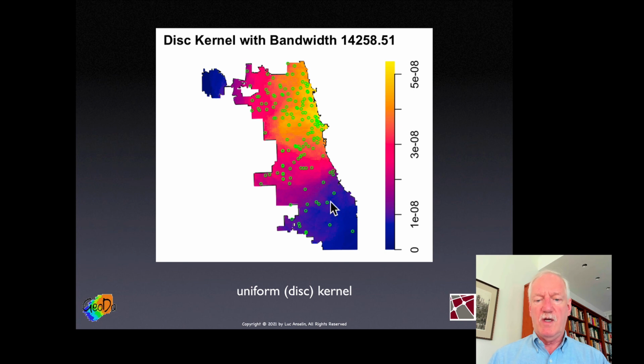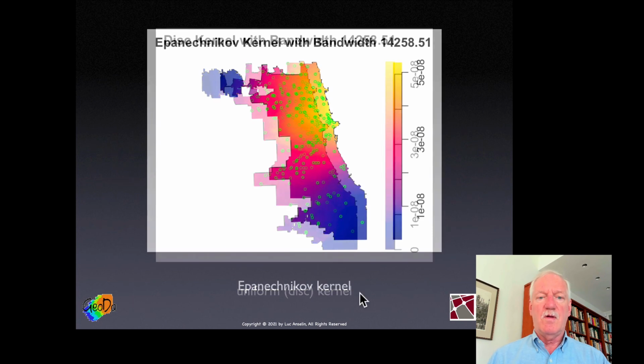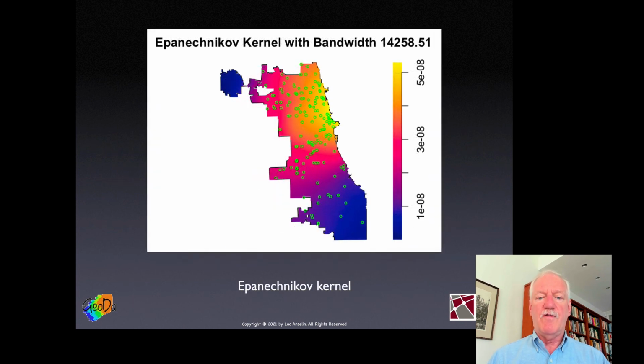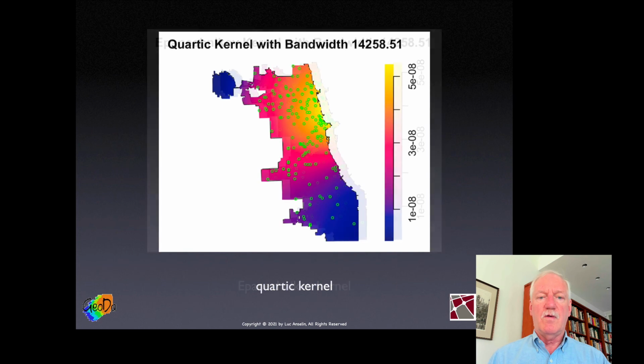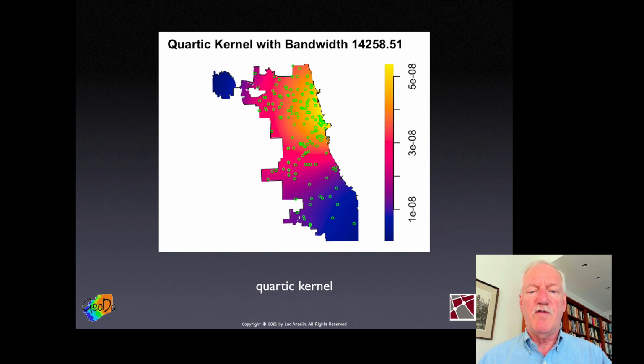All the yellow is up here. Epanechnikov, quartic. I bet you can hardly tell the difference between them. Of course, there are differences, but the main point is that the choice of the kernel function itself is not that critical. The choice of the bandwidth makes all the difference in the world.